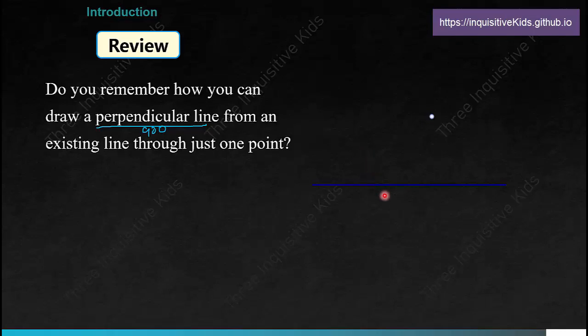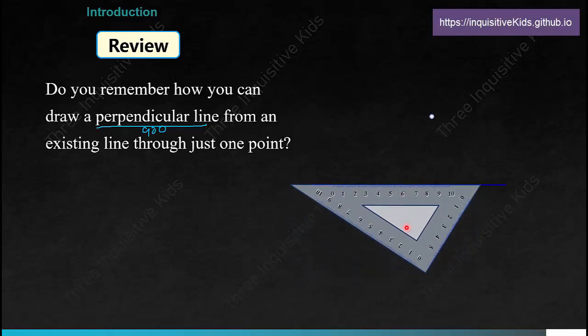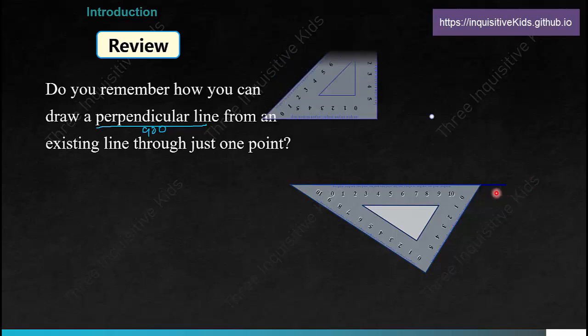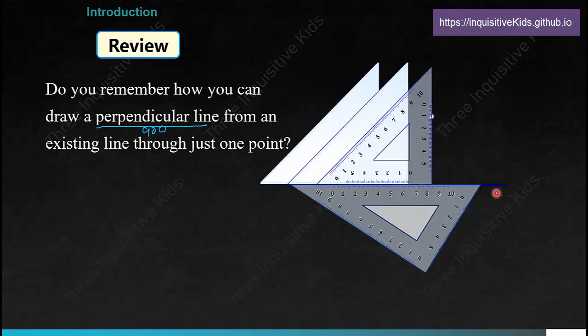Do you know how? We covered it in the last few lessons. First we would take a ruler and line it up against this already existing line. Then we would take another ruler that has a right angle. This ruler would work as well, and also this one, because this is also a right angle.